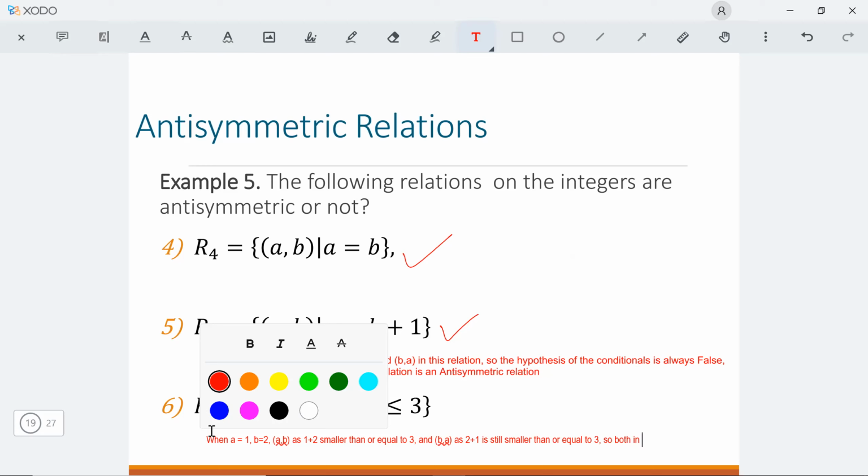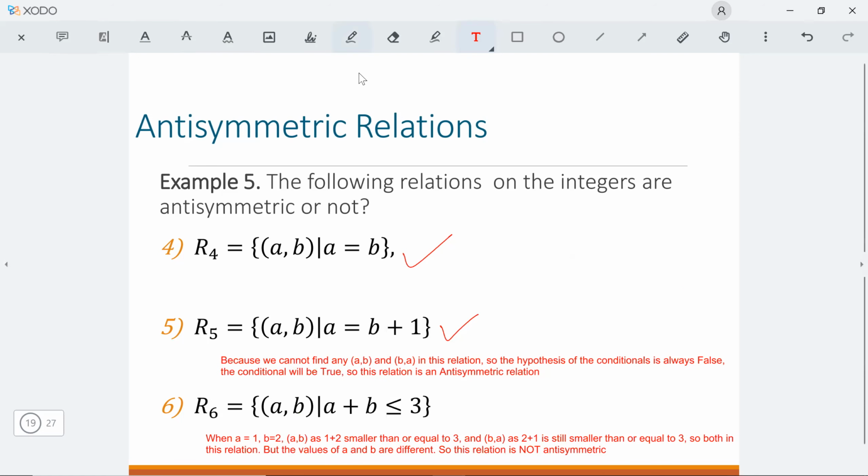But the values of A and B are different. So this relation is not anti-symmetric, because we find this counterexample here.